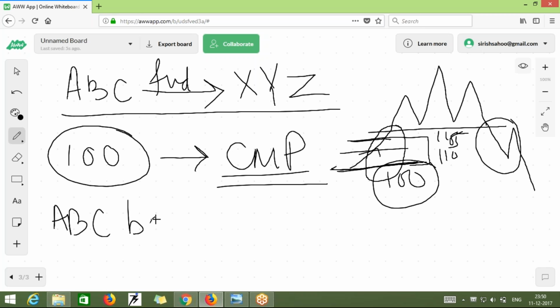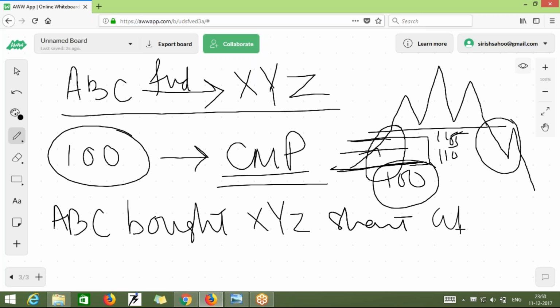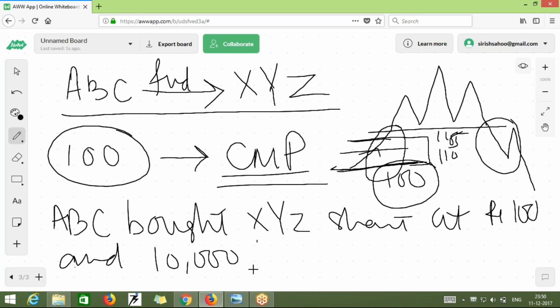ABC bought XYZ shares at rupees 100, and suppose 10,000 shares. So now it's clear. ABC bought 10,000 shares of XYZ at rupees 100. Now we will move to the second thing. As soon as he has acquired the desired amount, he would sit back and wait for the scenario.